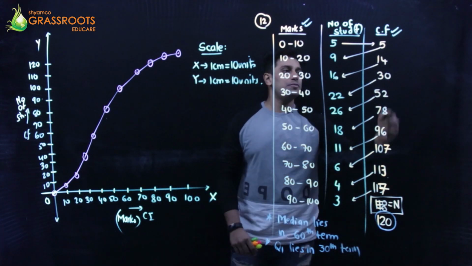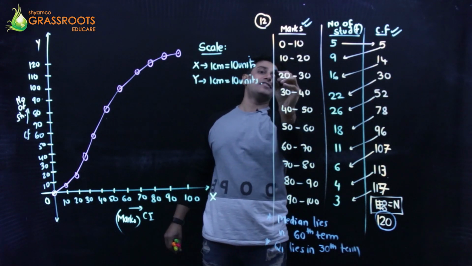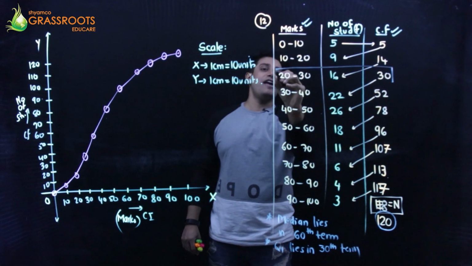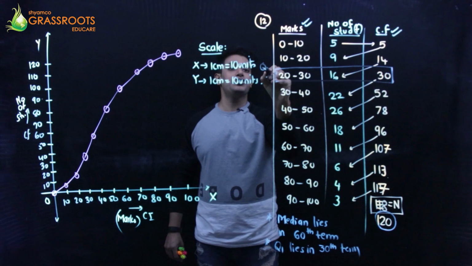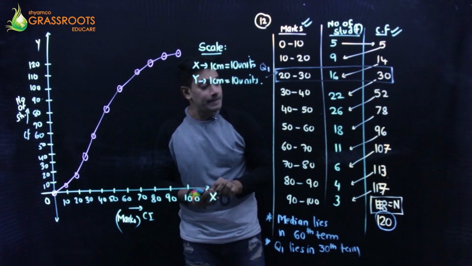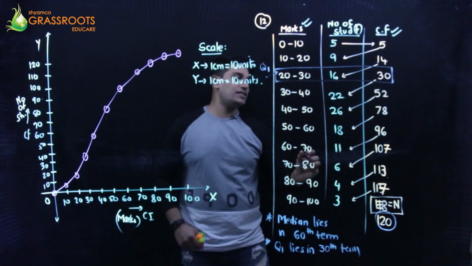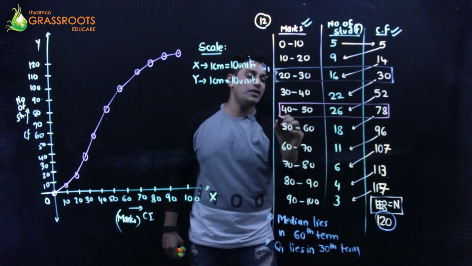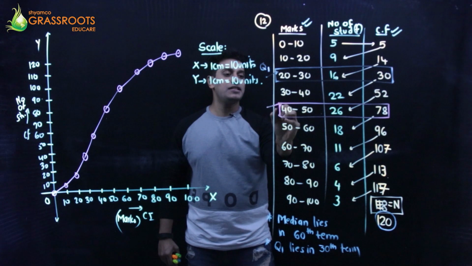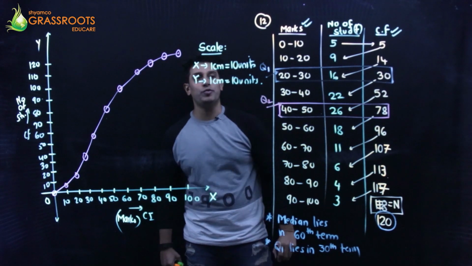Now 30 lies directly there for me. So this is going to be the location of Q1. And 60 is between both of them. Select the higher one, the higher one is 78. This is my location of Q2, which is the median.